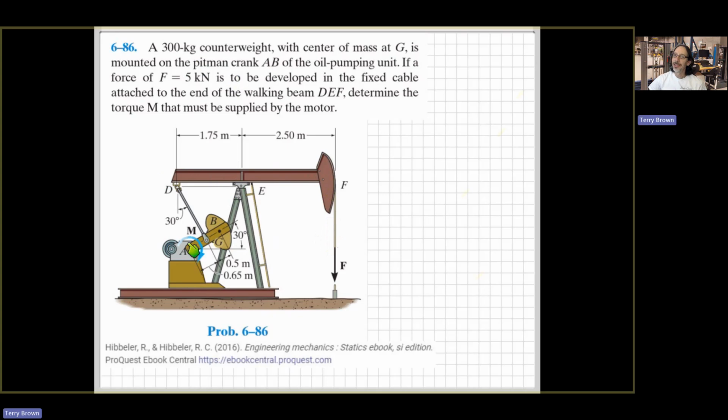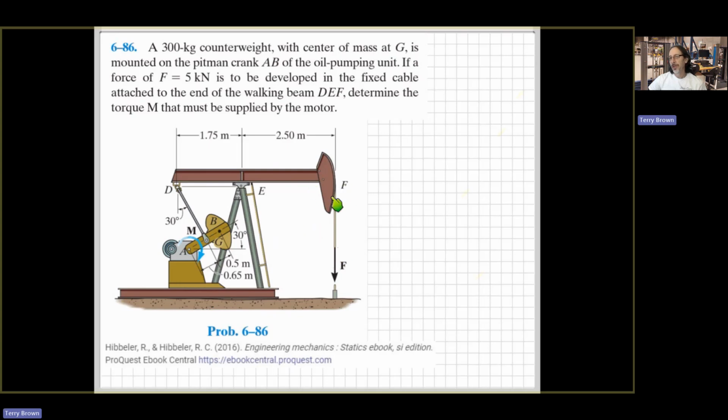We've got this motor here that's causing this counterweight to rotate, and as that rotates, it acts on this link here, labeled D, I think. It doesn't have a label at the other end, but this link on the end of the beam DEF causes this to rock and this to move up and down.